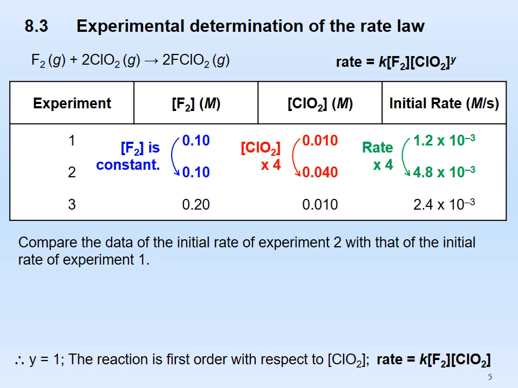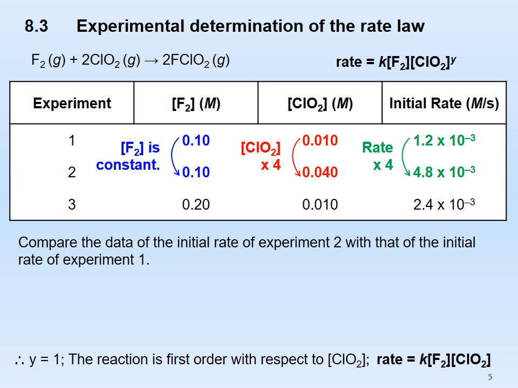Going from experiment 1 to experiment 2, chlorine dioxide concentration quadruples, and the initial rate also quadruples. So when the chlorine dioxide concentration is multiplied by a factor, in this case a factor of 4, the rate is also multiplied by the same factor of 4. It is the same type of proportionate increase. Therefore, y is equal to 1 and the reaction must be first order with respect to chlorine dioxide concentration.